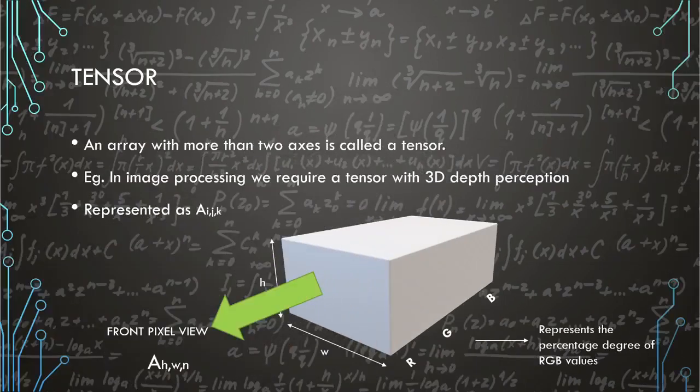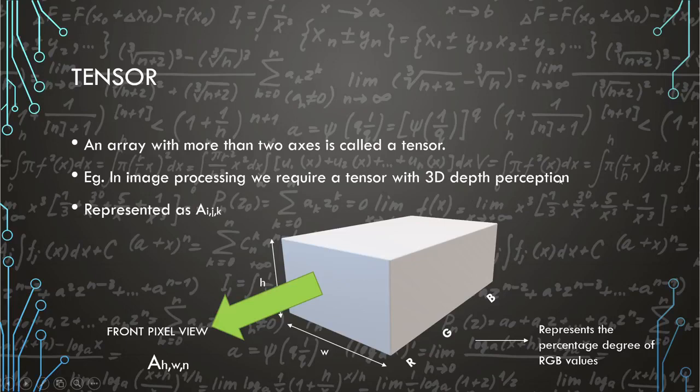So the first term which we will discuss is tensor. It is like a 3D matrix with a 3D perception. You know that matrices are of the form i cross j, so it will be of the form i cross j cross k. So it is simply an array with more than two axes that is called a tensor. For example, in image processing we require a tensor with 3D depth perception.